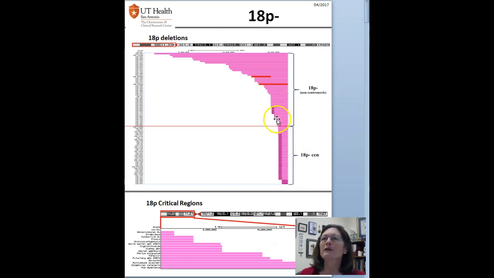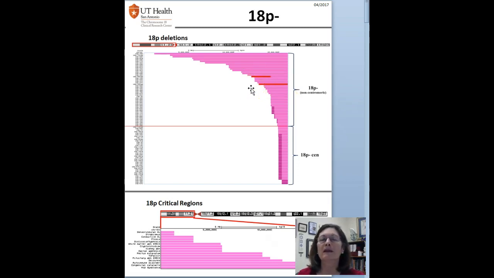This group up here, you can see every single person has a different breakpoint. So they have a different number of genes that they have one copy of instead of two. The red part indicates where they have a duplication. So these people are more complicated because they not only have 18p-, but they have 18p+ as well.